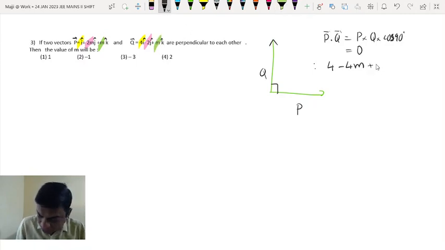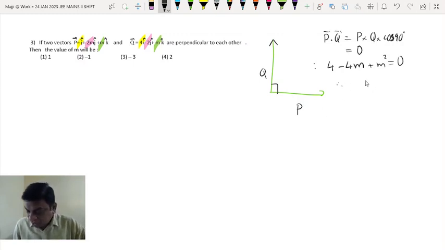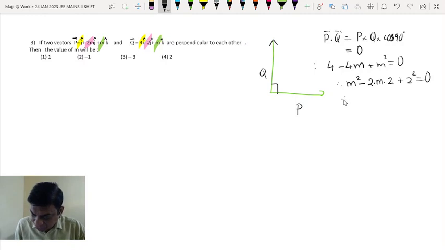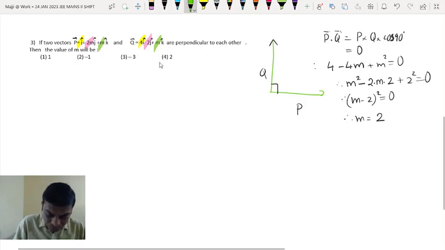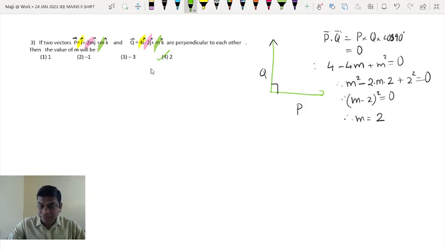So plus m square. So this is a perfect square, students. As you can see, m square minus 2 into m into 2 plus 2 square is equal to 0. So this will be m minus 2 whole square equal to 0. Therefore m is equal to 2. So the fourth option is the correct answer.